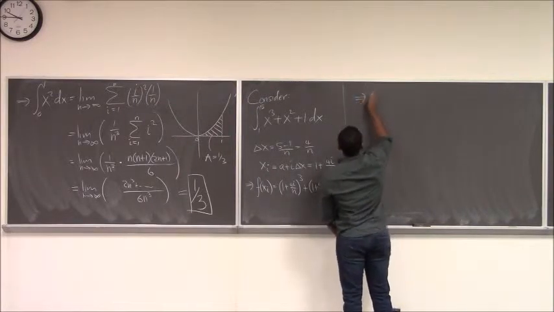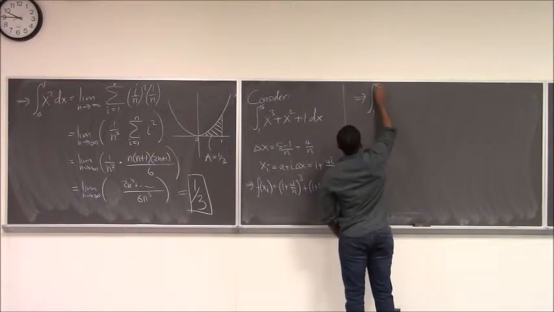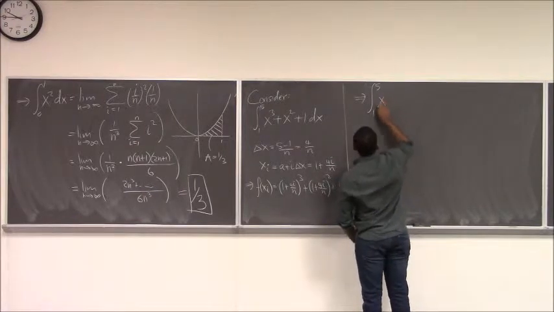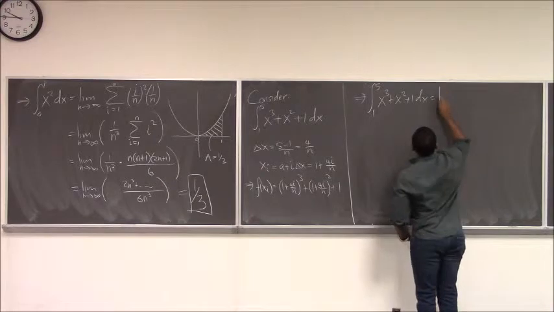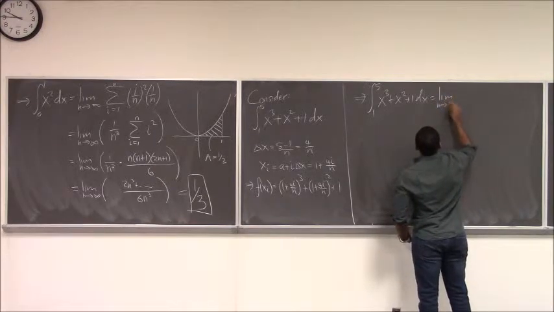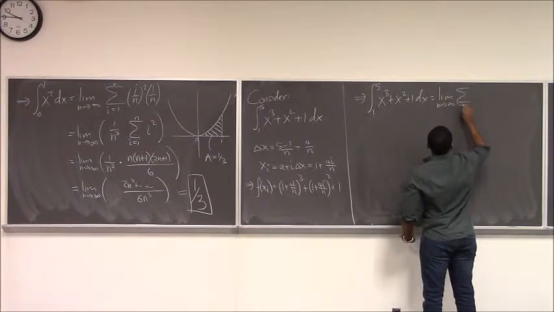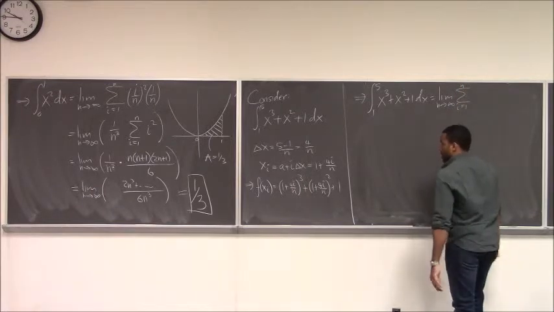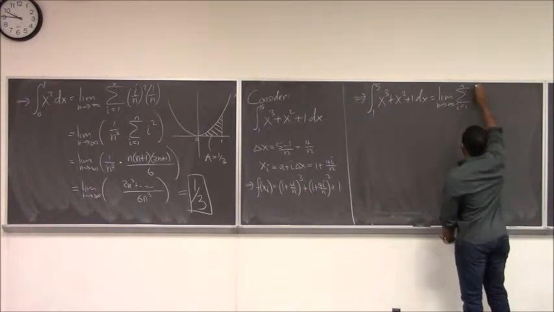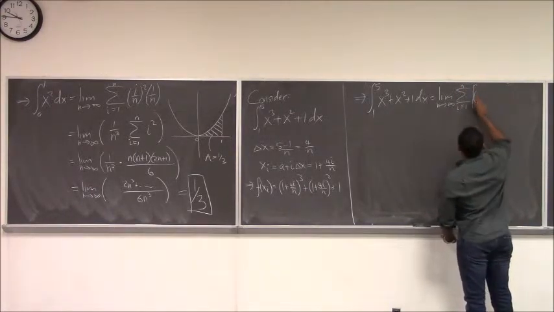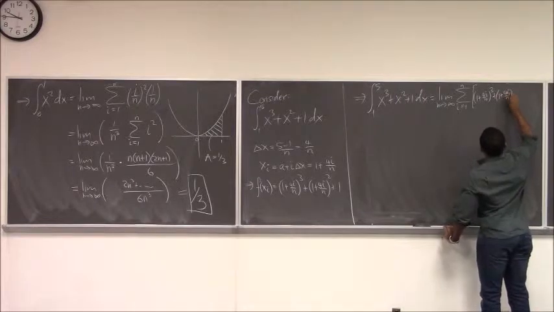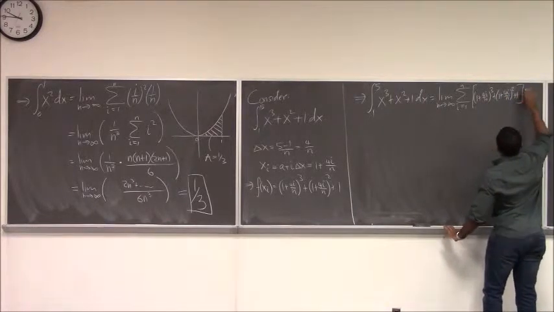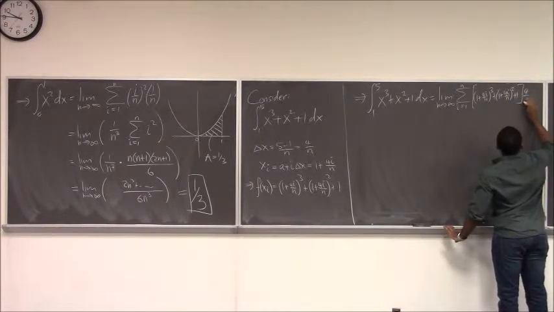And so to compute this, I would have to compute the limit as n approaches infinity of the sum, i goes from 1 to n, of f of x_i times delta x.